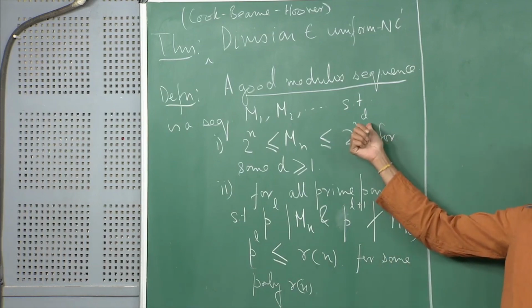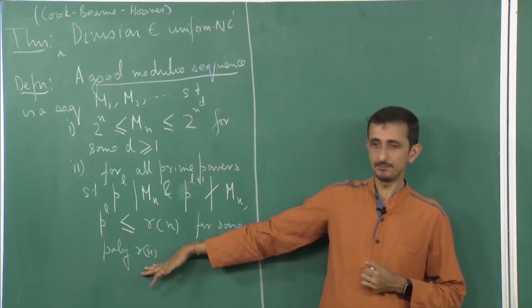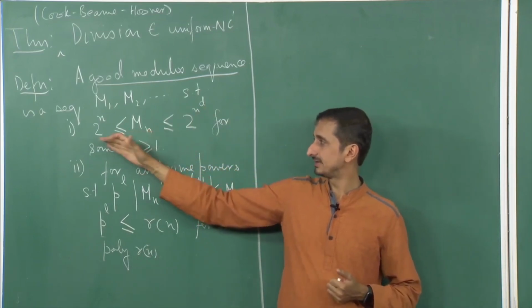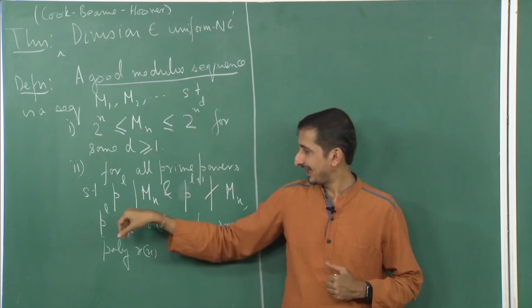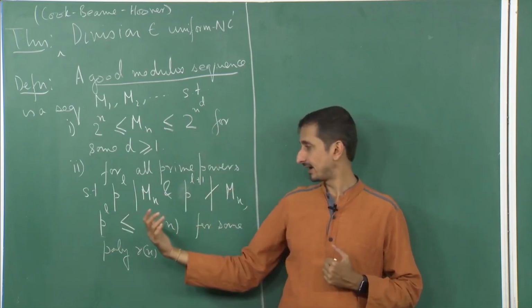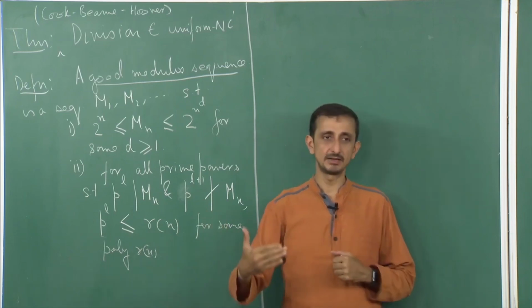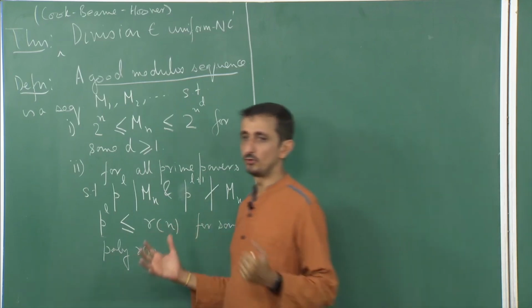One is there exists a constant d greater than 1, another is there is some polynomial Rn such that the nth value of the sequence Mn is between 2 to the power n and 2 to the power n to the power d, and every prime power that divides Mn is small in some sense, it is bounded by the polynomial r of n, so it is not too large.